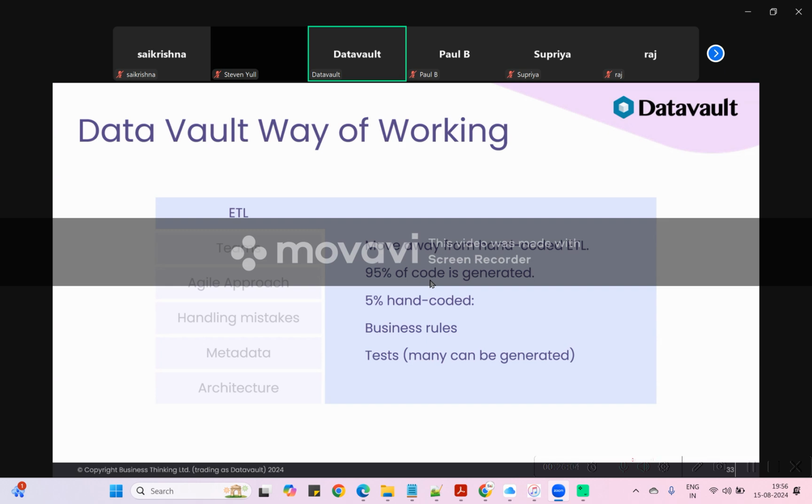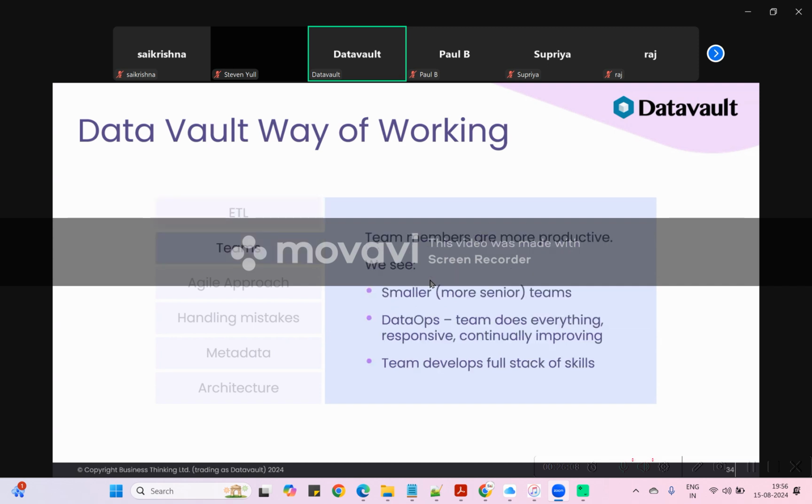We're moving away from hand-coded and more code being generated. And because of that, the team members are now far more productive. So we typically see about a 500% improvement in output per team member. Can see more. But what's left behind is the slightly more complicated code to be written.